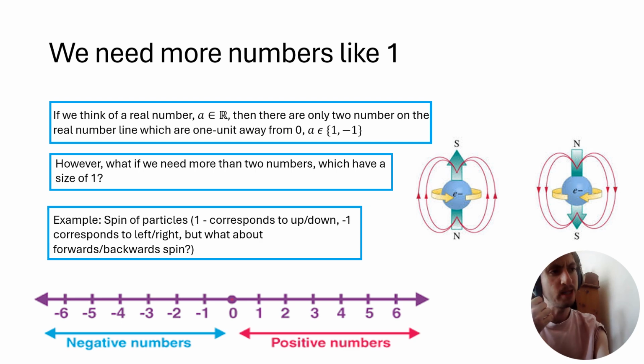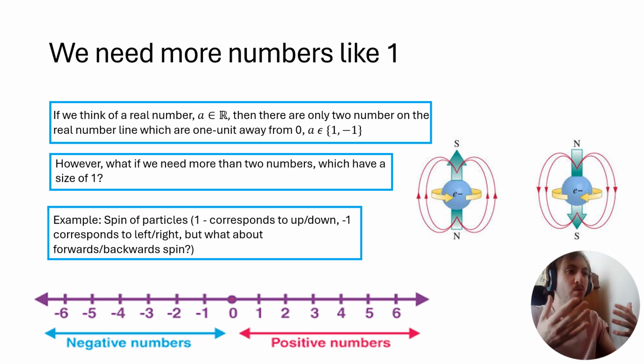So we can have the number 1 for the spin pointing along one axis, the number -1 for the spin pointing along a different axis. But what if the spin is pointing along the third axis? Well, we've run out of numbers.